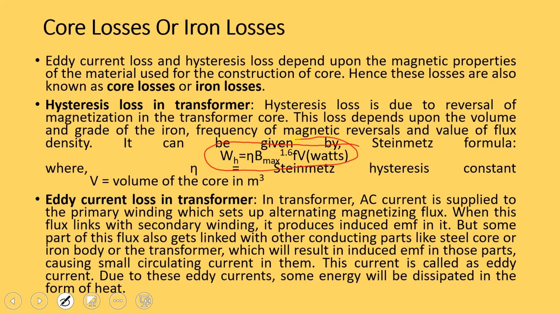This current is called eddy current, which is considered as a type of loss because it is unwanted current. Due to this eddy current, some energy is dissipated in the form of heat. So, in the transformer, we have the core losses or iron losses: hysteresis losses and eddy current losses.